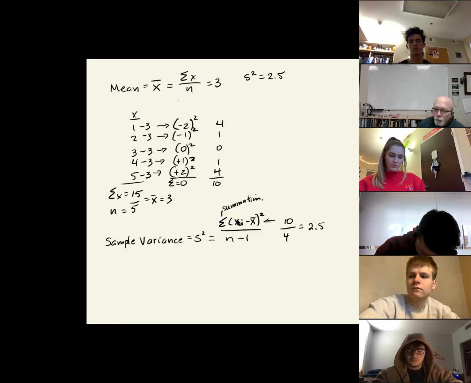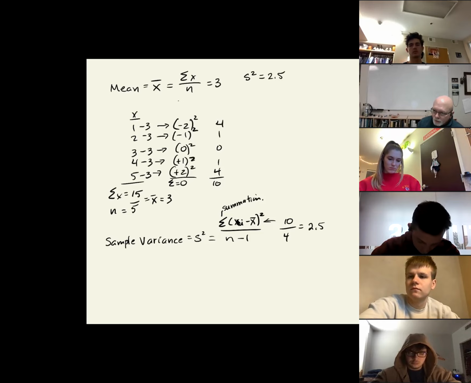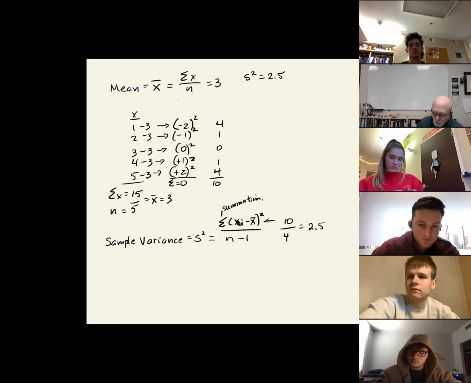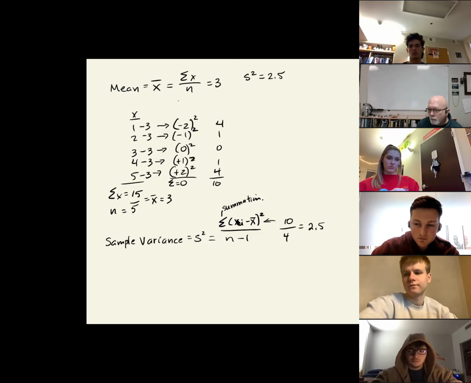The only reason we are calculating the variance is because that gets us to the standard deviation. The standard deviation gets us to the standard error, and the standard error gets us to the confidence interval, the 95% confidence interval. But before we move on from that, I want to talk a little bit more about the variance.